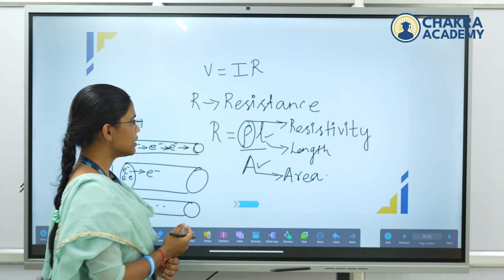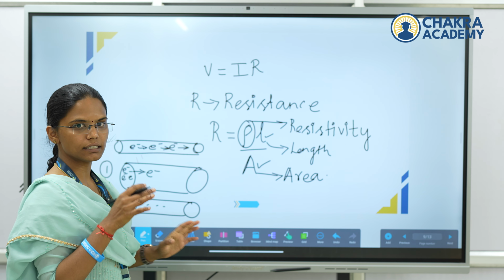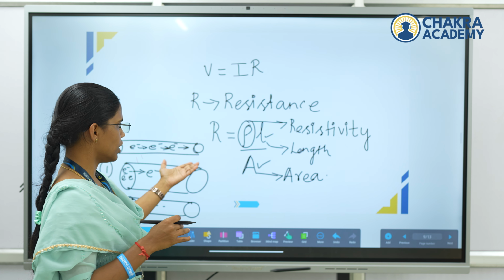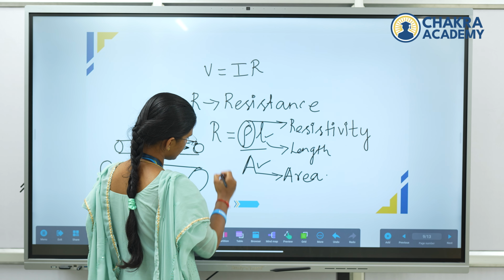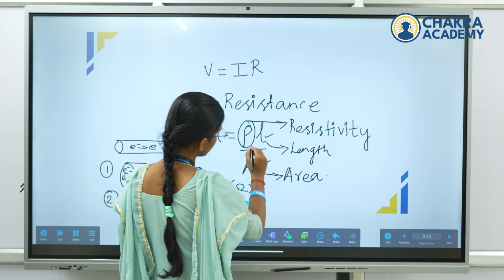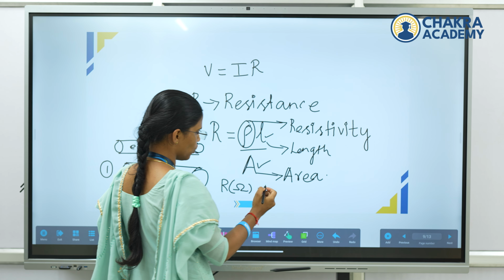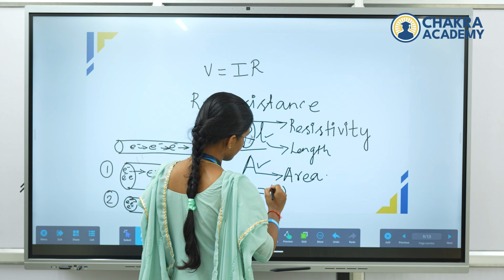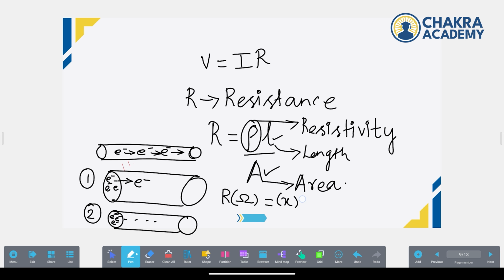So we'll try to find the unit of resistivity using previous knowledge. We know the unit of resistance is ohm, right? And we'll take the unit of resistivity as unknown, let's take it as X. We know the unit of length is meter and the unit of area is meter square. So we can cancel meter and meter square, right?